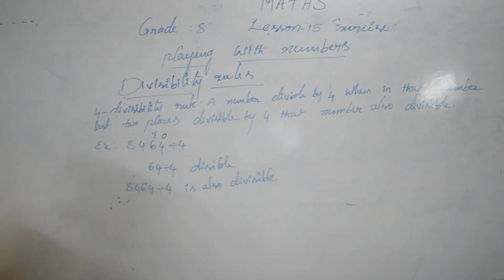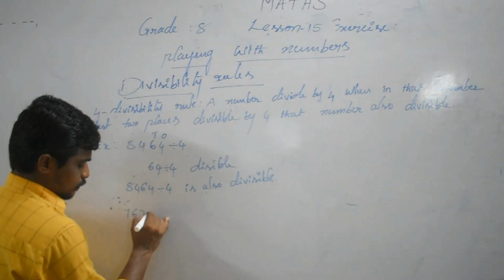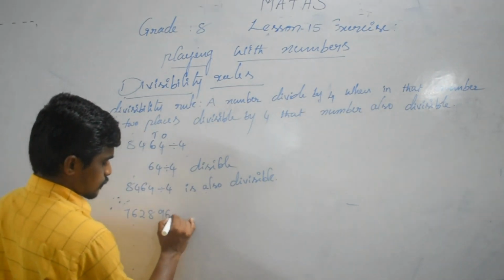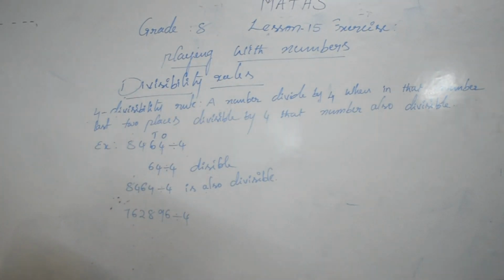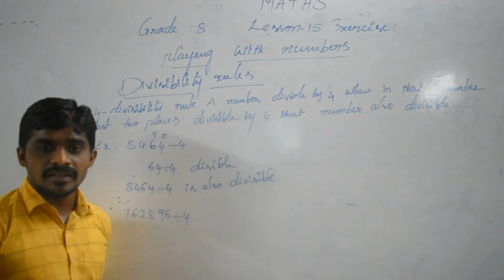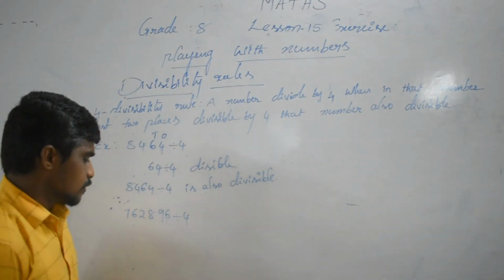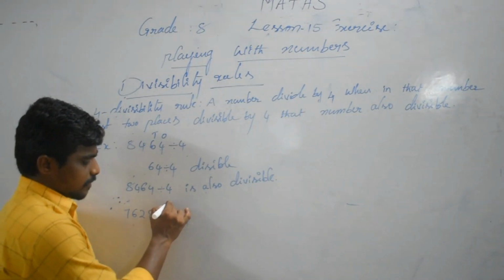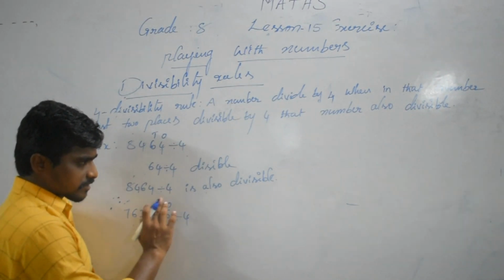Next one, 7,62,896 divided by 4. Divisible or not? The last two places, ones and tens: are these divisible or not?